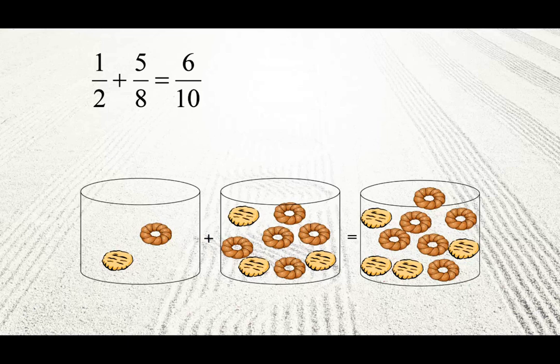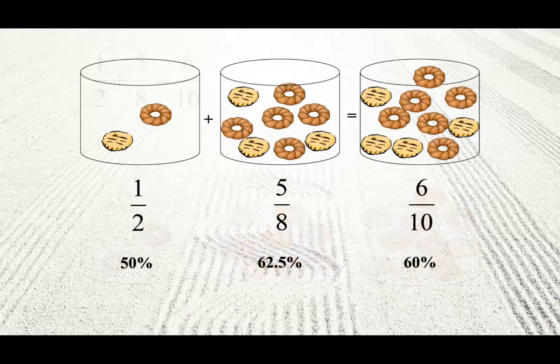Well, because this fraction is used to show a ratio. So if you change this one, 1/2, which is 50% of this container, is chocolate. The next one is 5/8, which is 62.5% chocolate.